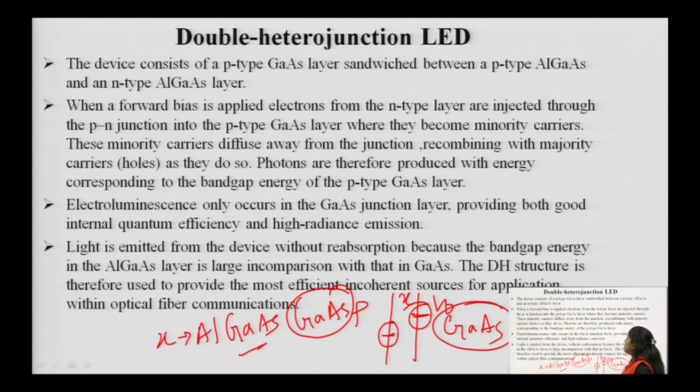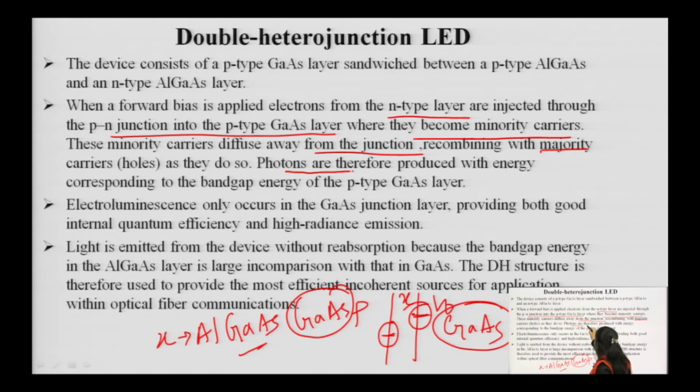When a forward bias is applied, electrons from the N-type layer are injected through the PN junction into the P-type gallium arsenide layer, where they become minority carriers. These minority carriers diffuse away from the junction, recombining with the majority holes, and therefore photons are produced with energy corresponding to the band gap energy of the sandwich layer, which is our P-type gallium arsenide layer.